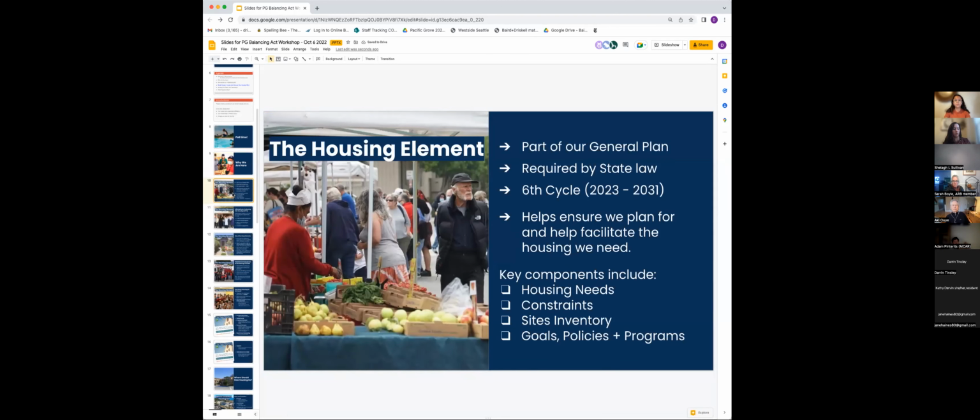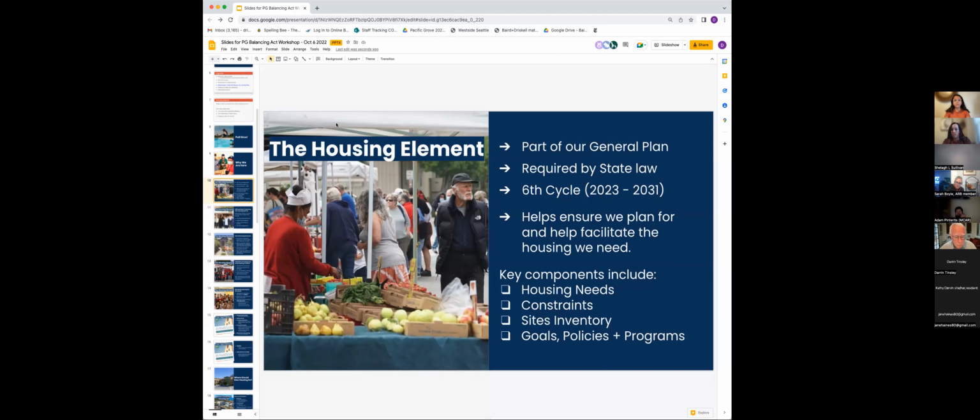The housing element is a required part of your general plan, and general plans are required by the state of California for every jurisdiction around the state: cities, towns, counties. Everyone needs to have a general plan, which is basically a policy document that says, here's how we plan to grow and manage our community over typically a 20-year planning horizon. The housing element is a little bit different in that there are requirements from the state specifically for the housing element that are different from the rest of the general plan.